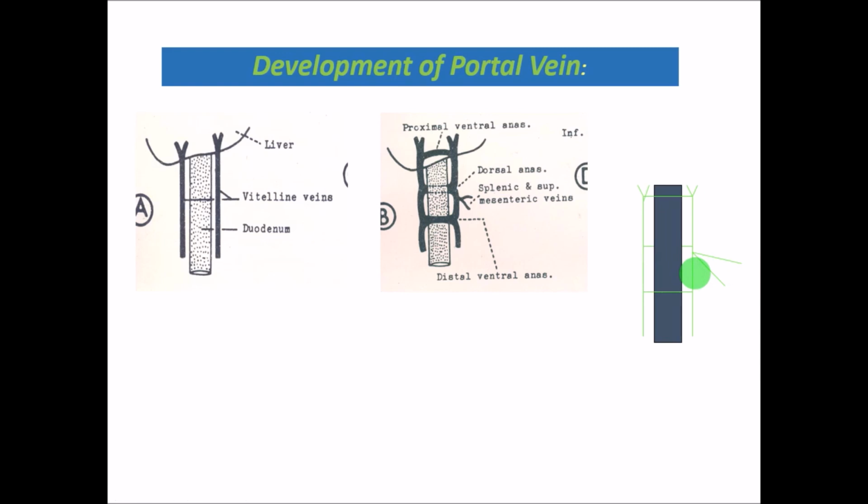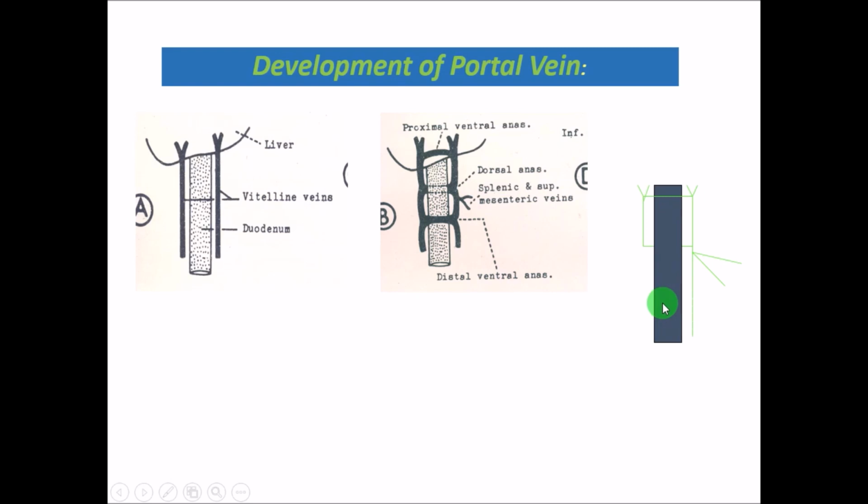Later, what happens? Slowly parts of the vitelline veins start disappearing. Initially, it will be the lower distal part of the right vitelline vein which disappears. Distal part, then the middle part of the right vitelline vein disappears. Then the distal ventral anastomosis disappears because there is no right vitelline vein. So what is the use of the distal ventral anastomosis?